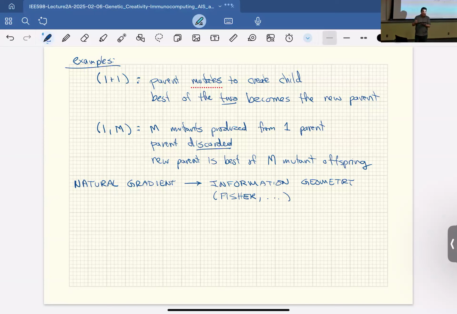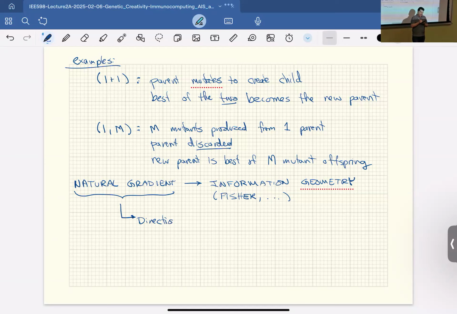And what the natural gradient does, at least when we view it through the perspective of information geometry, is it gives us a way to establish step directions which make it more likely that we're stepping toward more profitable solutions.